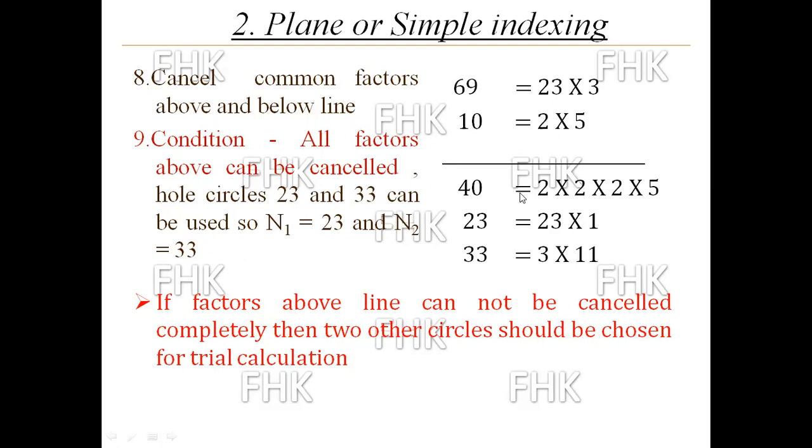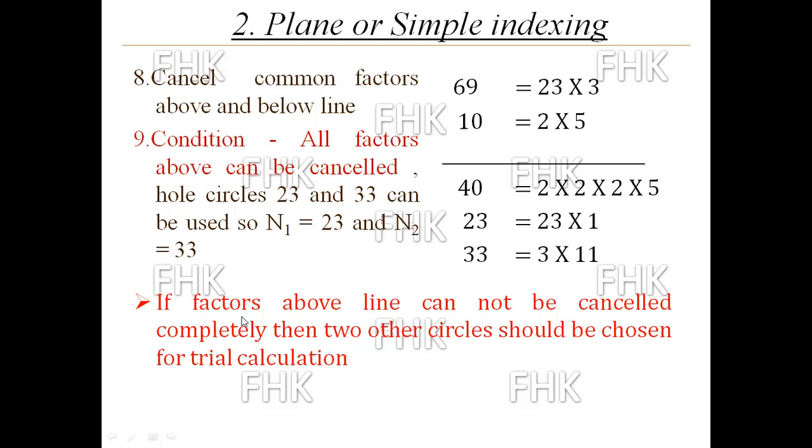So 23 and 33 can be used as capital N1 and capital N2. If all the factors are cancelling above the horizontal line, that means our combination is correct. That means this 23 and this 33 you will consider as capital N1 and capital N2. Is that clear?